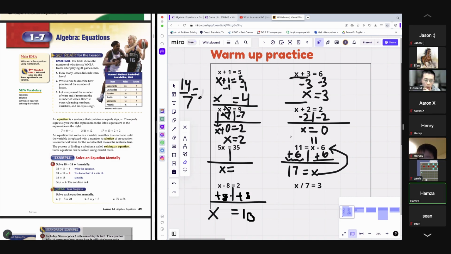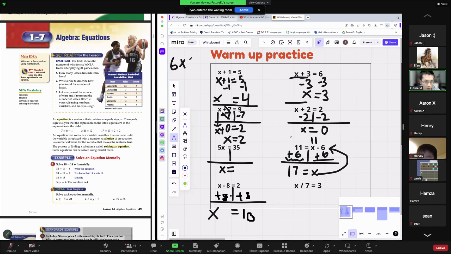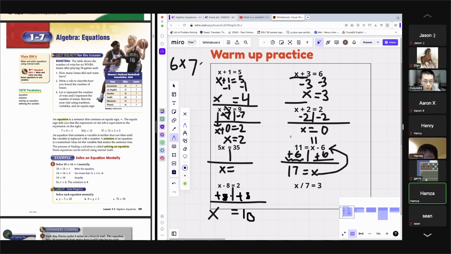Let's try 6 times 7. It might be a bit hard, but I think you can handle it. Can you tell me what 6 times 7 is? 42. Wonderful. So 6 times 7 is equal to 42.